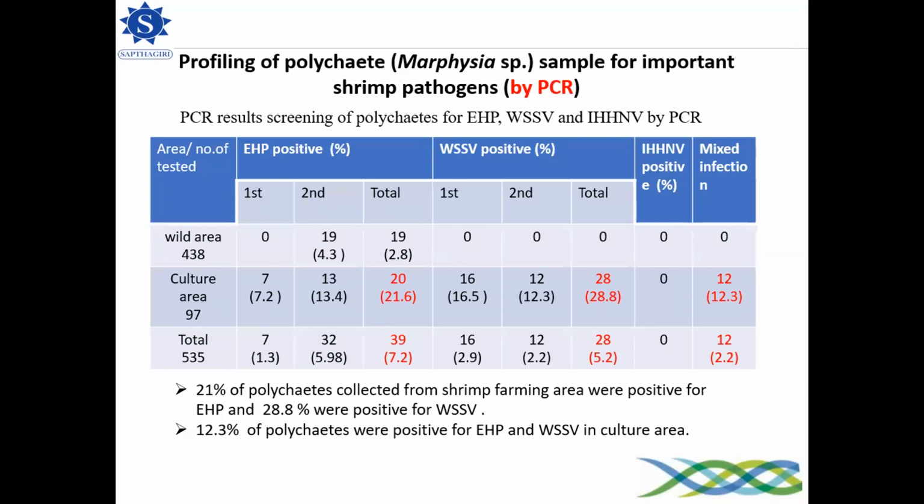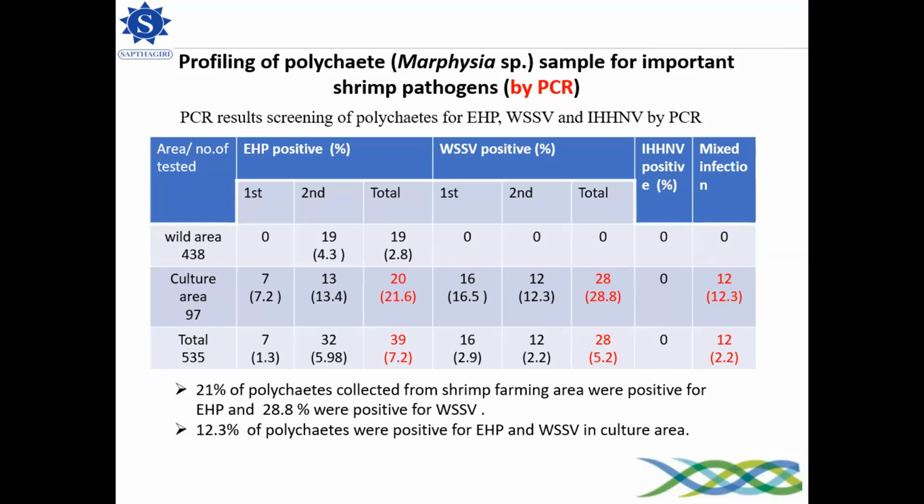That means the water from culture areas is contaminating the natural bodies, which is contaminating the polychaetes and other invertebrates, which act as a carrier or host at different levels.